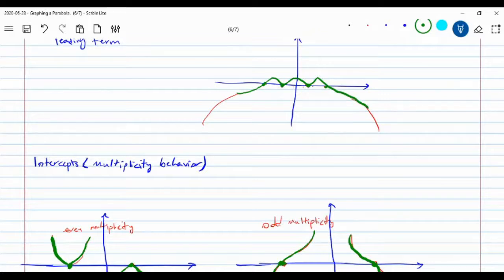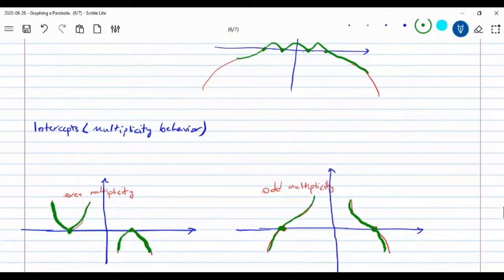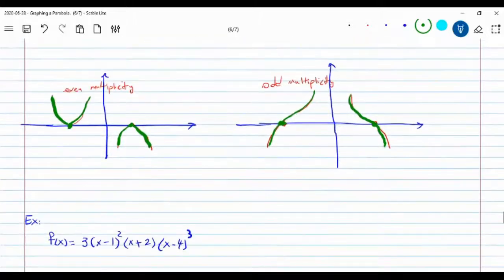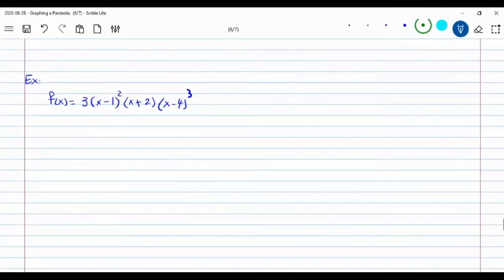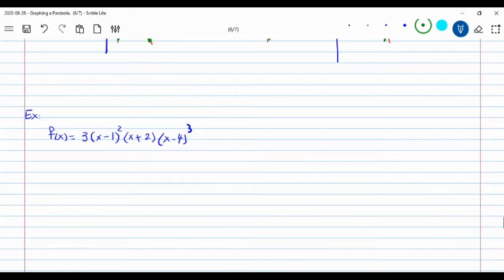And it will look like that. All those even and odd multiplicities are useful to fill in the gap in the middle. So here, as an example, graph this function, f of x. We do not want to graph it exactly precisely. We're going to use the multiplicities, zeros and the end behavior.